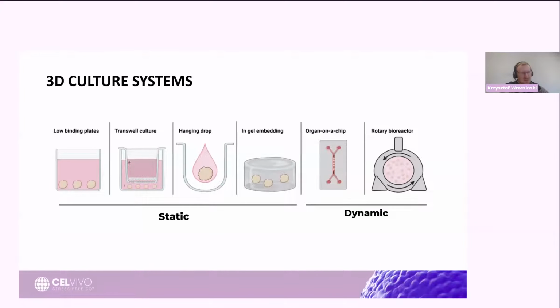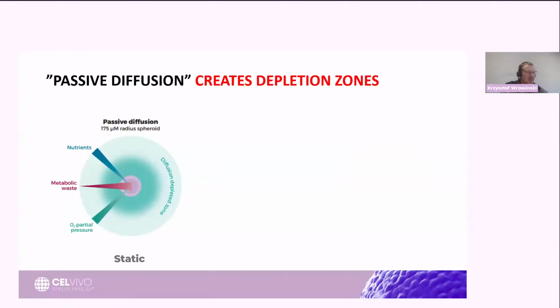Basically, we could divide them into two categories: static and dynamic culture. In static conditions, we use so-called passive diffusion for nutrient delivery and metabolite removal, and we create a very stable and mechanically gentle environment.